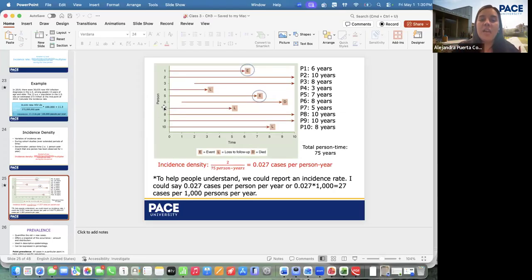And then on the left, I have my people. So let's say person 1, I follow them for 6 years until they got the event. Number 2, I followed them for the 10 years and they never got the event. Number 3, they joined the cohort late. So I started following them on year 2 until 10.